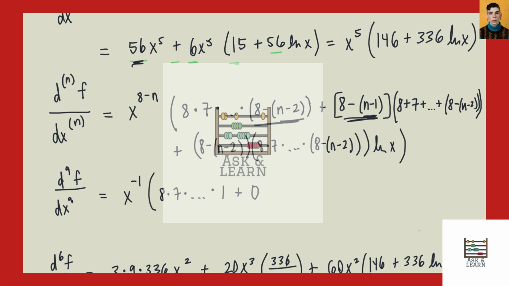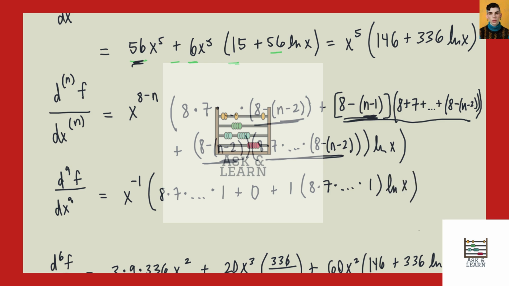So this entire term here is 0. Okay, and then we have 9 minus 2, which is 7. So 8 minus 7 is 1. We have 1 multiplied by this factor here, which we already found, is 8 times 7 times ... times 1 multiplied by natural log of x.